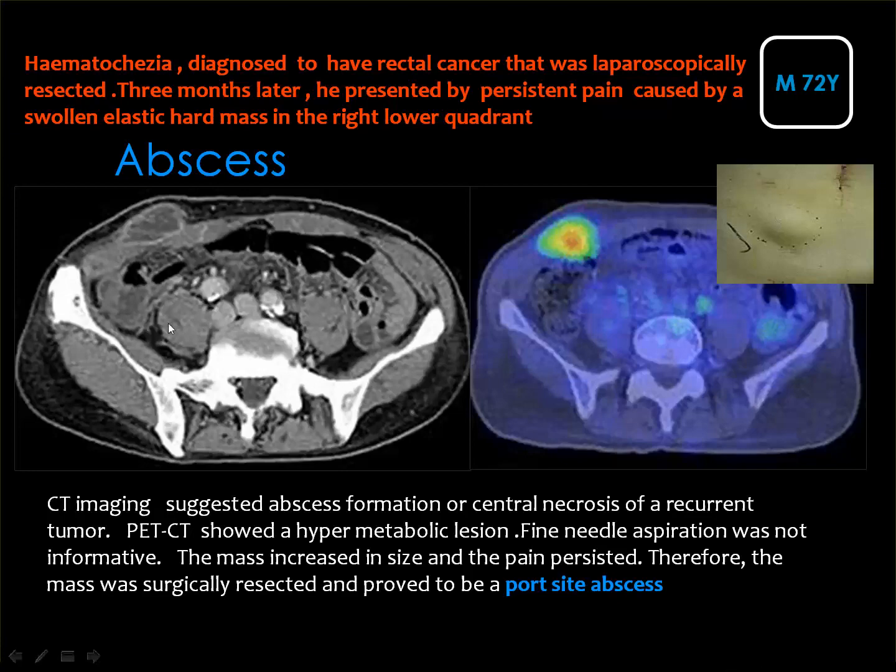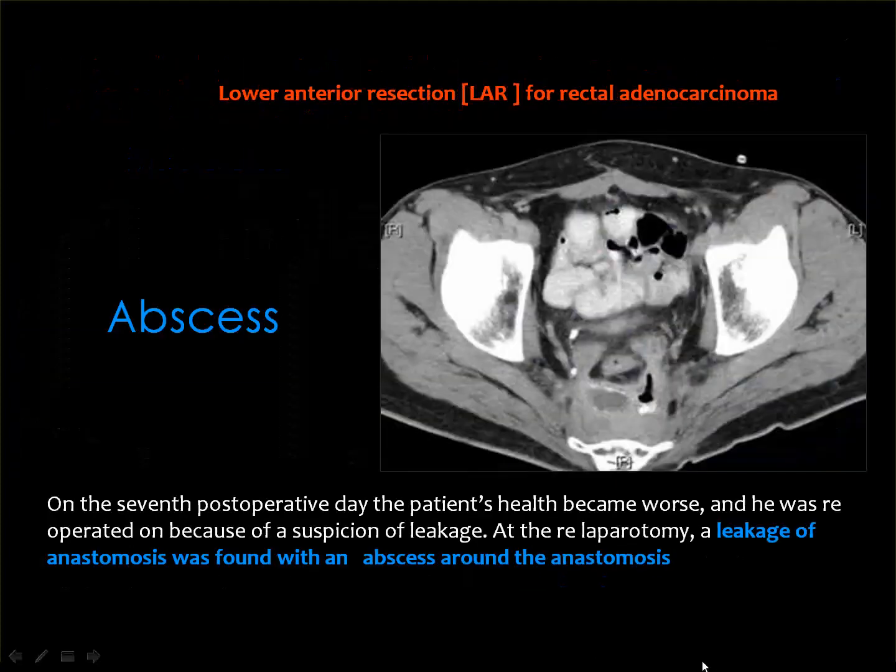Then in this CT scan, you got a subcutaneous marginally enhanced lesion, but the PET scan showed severe metabolic activity, and they suspected local tumor recurrence, but after excision, it proved to be an abscess.